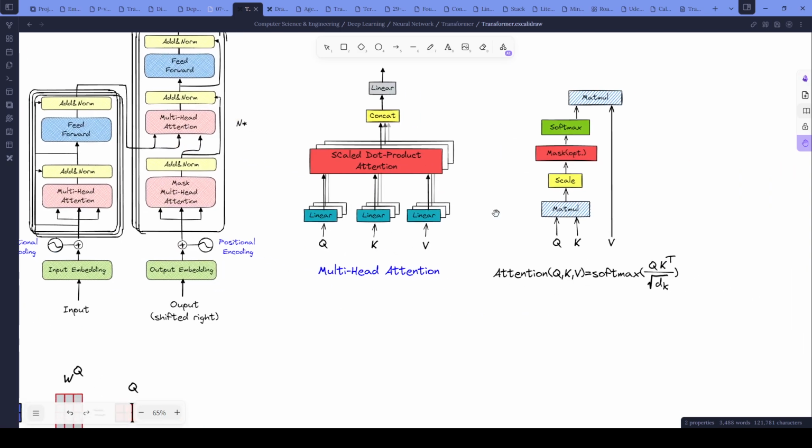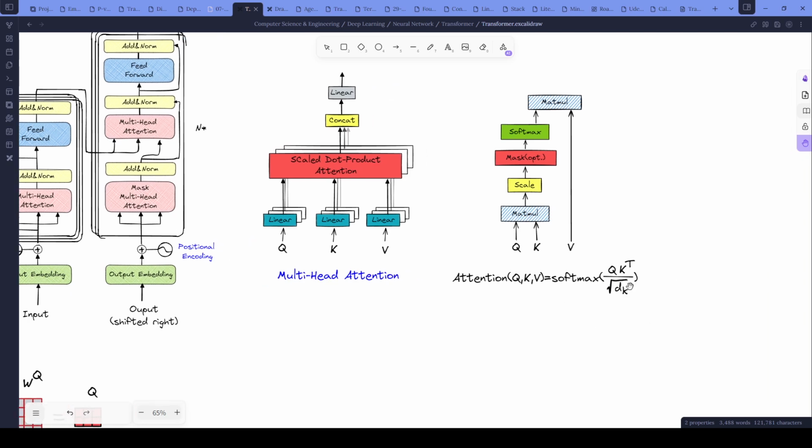Okay, if we look at the equation itself, after the query times keys matrix multiplication, we need to scale it with the square root of d_k, that is the dimension of the query and key values.